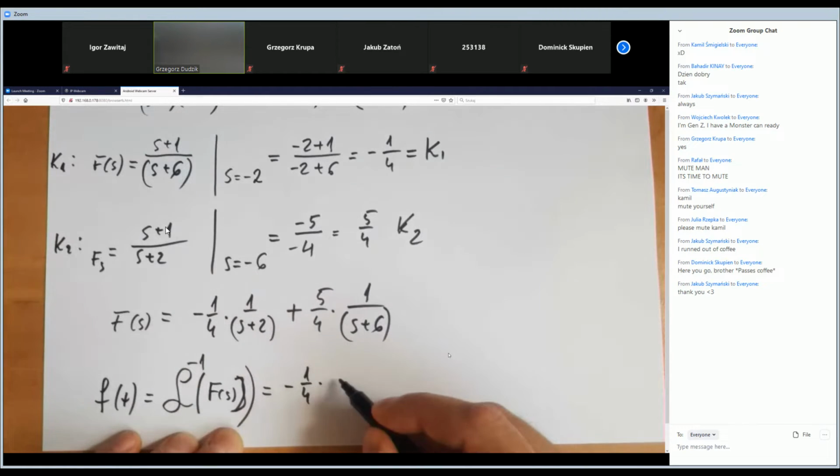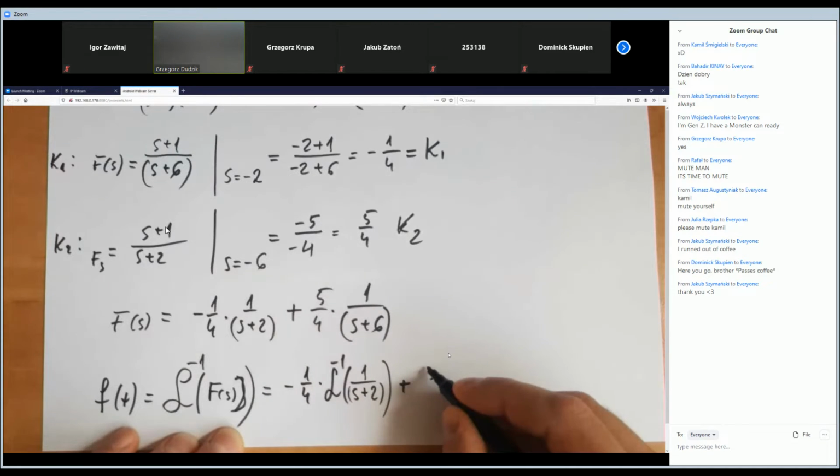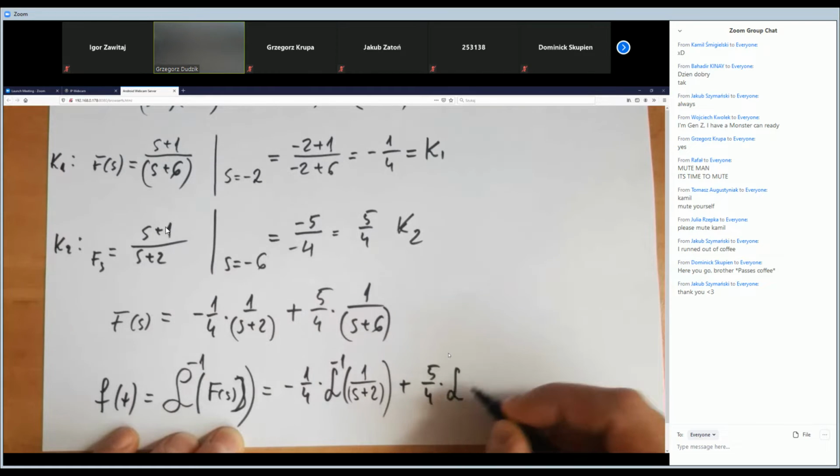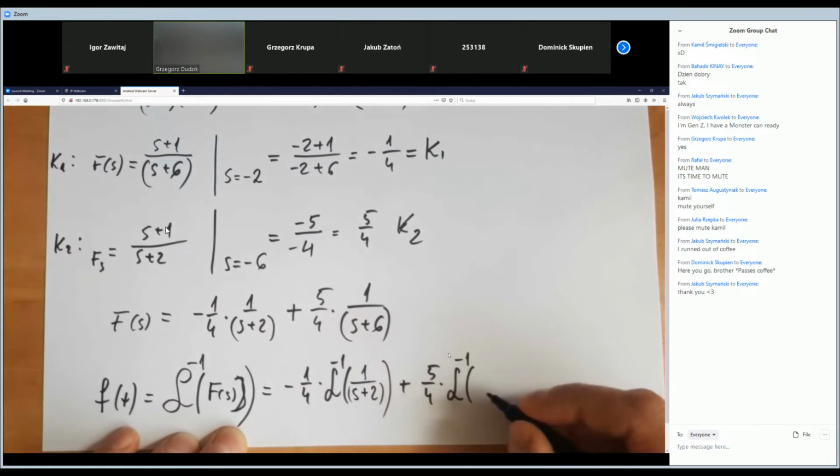And we have to calculate the inverse Laplace transformation of 1/(s plus 2), plus 5/4 times the inverse Laplace transformation of 1/(s plus 6).